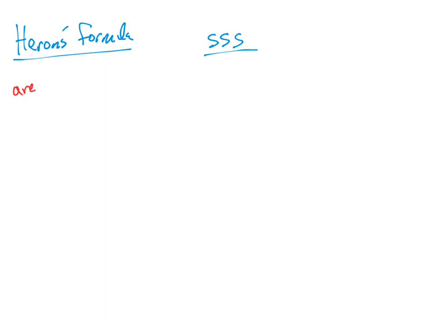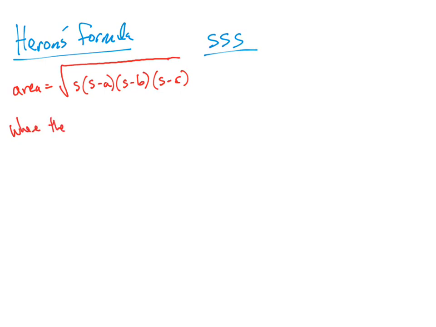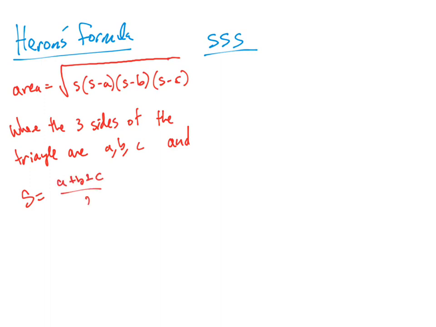And Heron's formula is this: square root of s times s minus a, s minus b, times s minus c, where the three sides of the triangle are A, B, and C, and S is equal to A plus B plus C divided by 2.